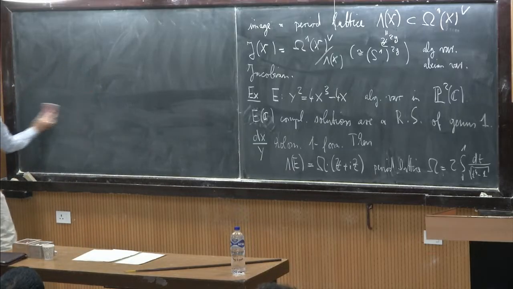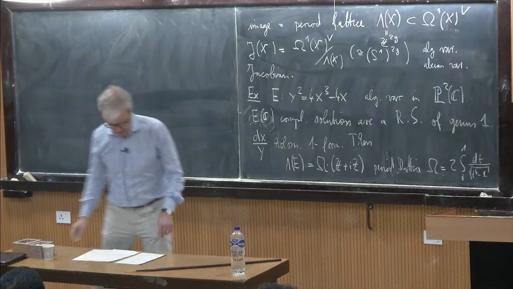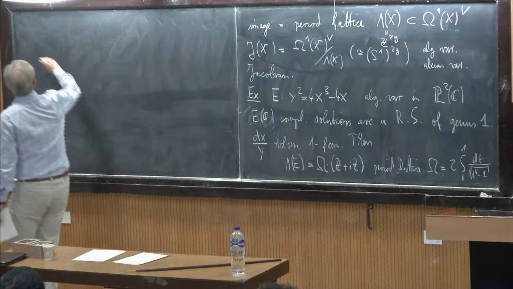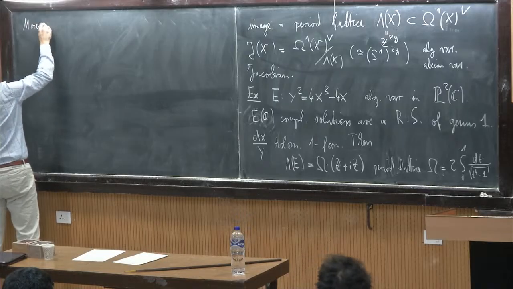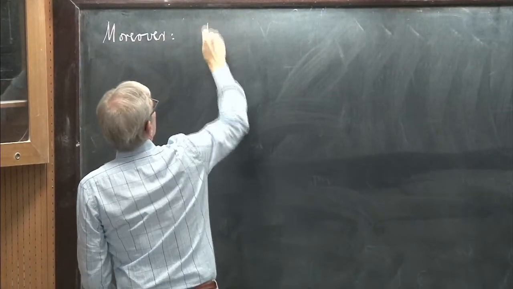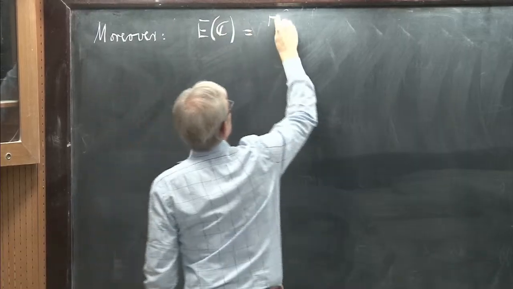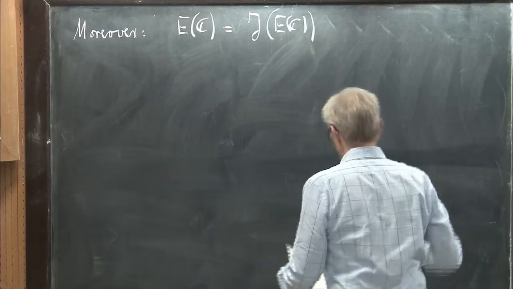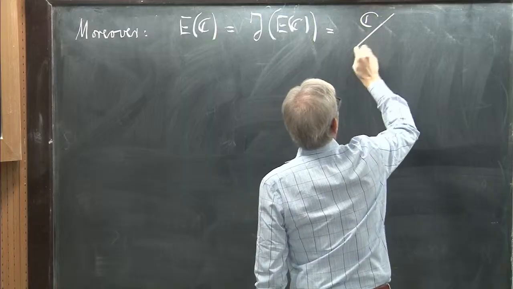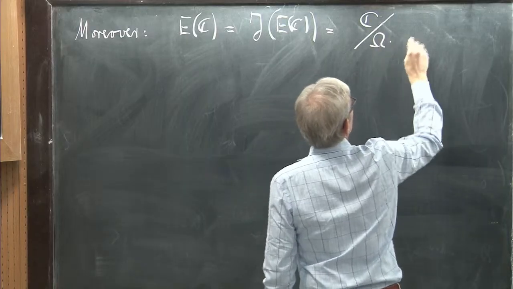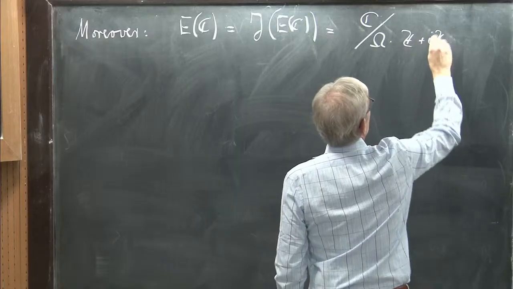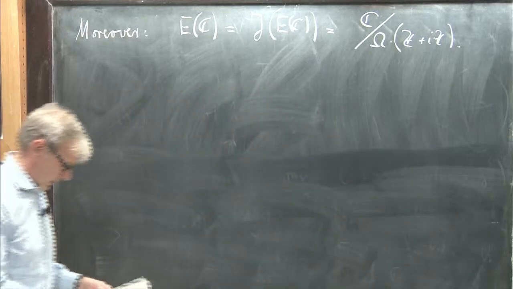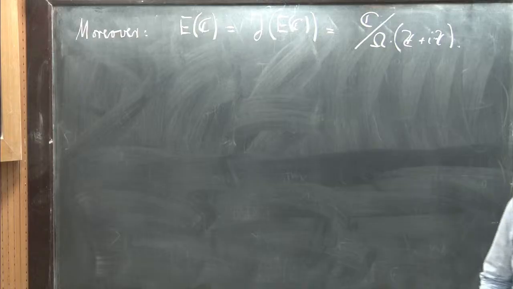And this was the omega which appeared also in this sum, which was evaluated by Gauss. So moreover, we have the following. The E of C, this Riemann surface, is in fact its own Jacobian, and so E of C is really isomorphic to C divided by omega times this lattice. So you can really understand this Riemann surface very well.